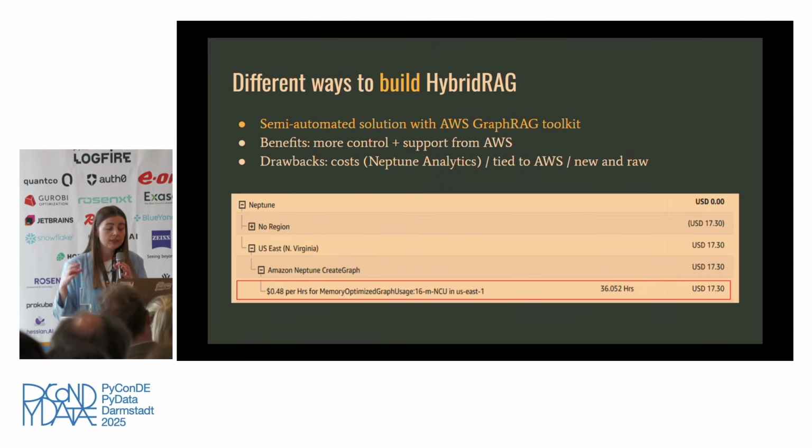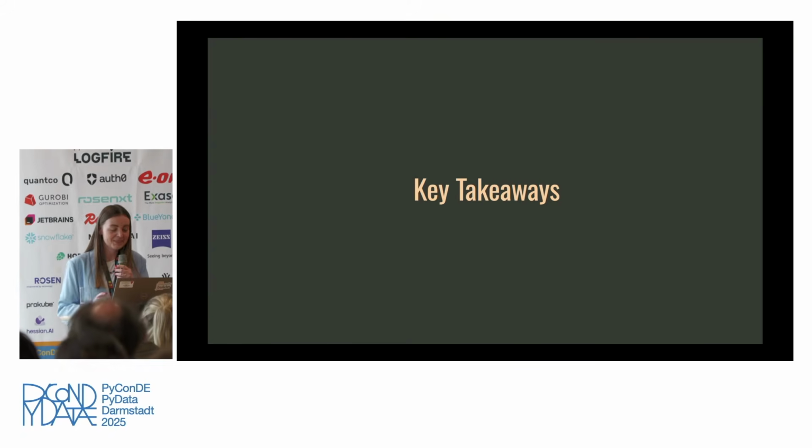But this also involves having Neptune Analytics as your graph storage, so you are again tied to a cloud provider. You can see the cost: almost $0.50 per hour for the cheapest setup. And it is still new and still a bit raw. I hope the team will make it more mature, but so far it is like this.